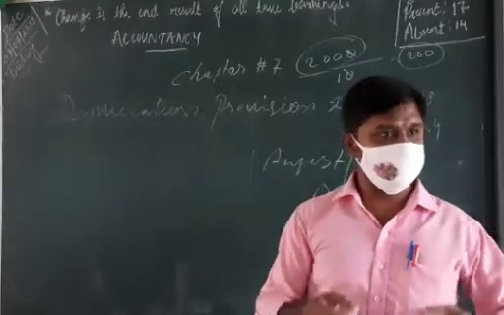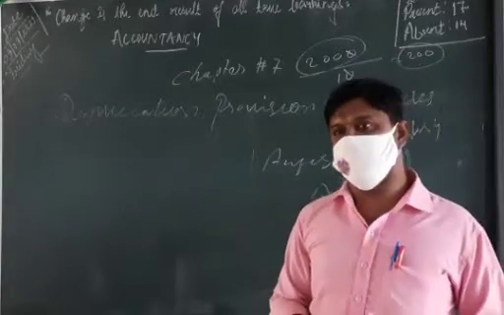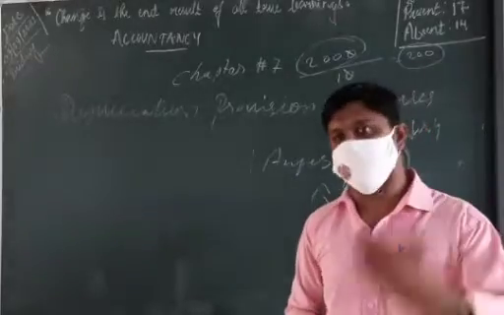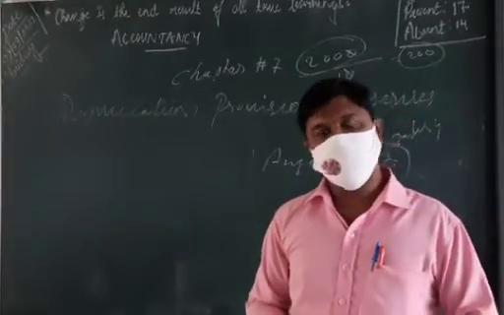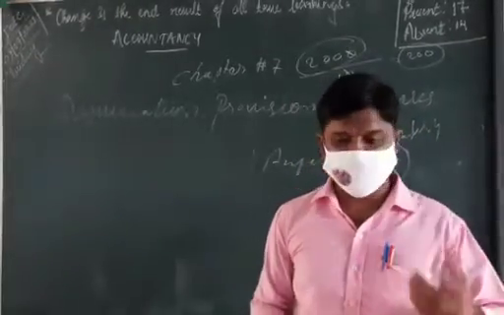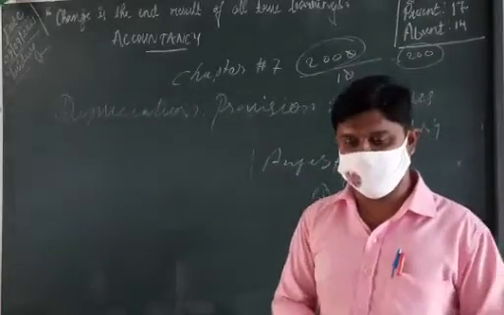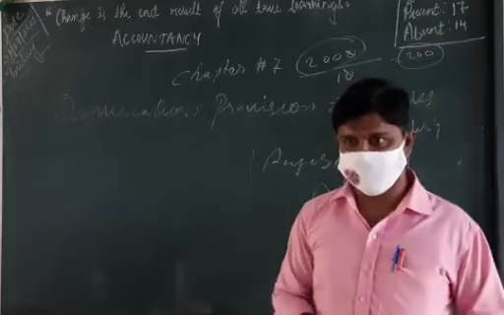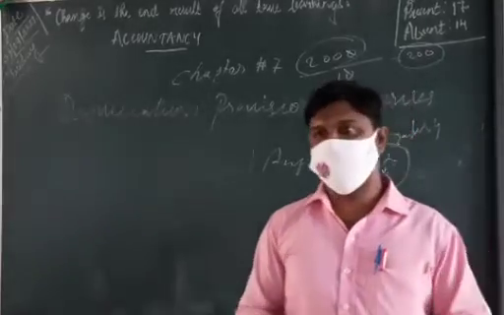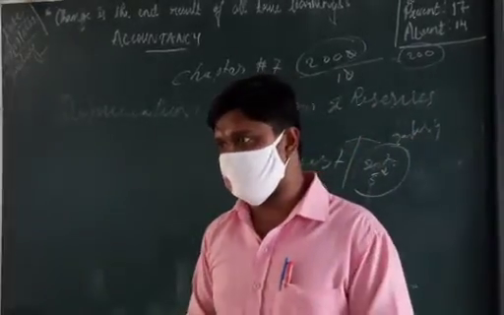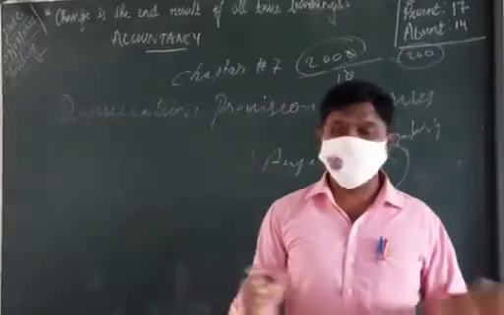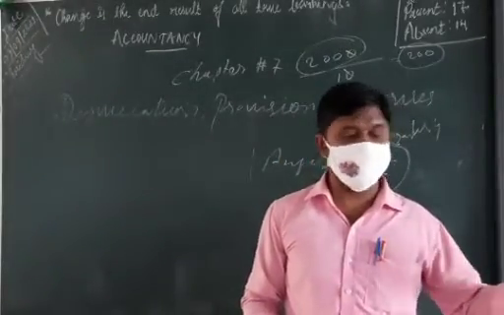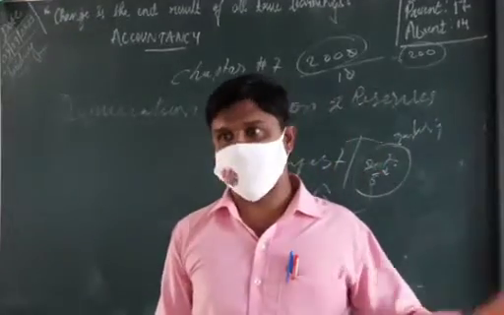Even though we are not fully using it, if we purchase one pen, that pen can be used for 2 months. If we purchase one scale, that stainless steel scale will not break easily. Just imagine we purchased it when you were in class 9 or class 10.